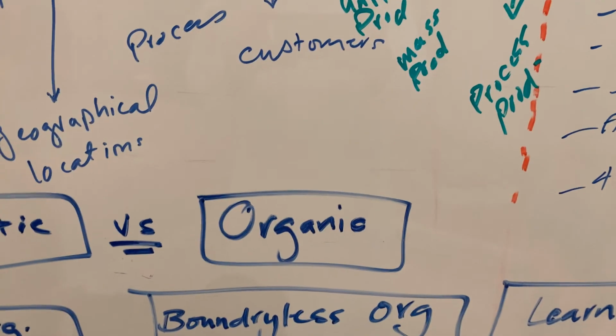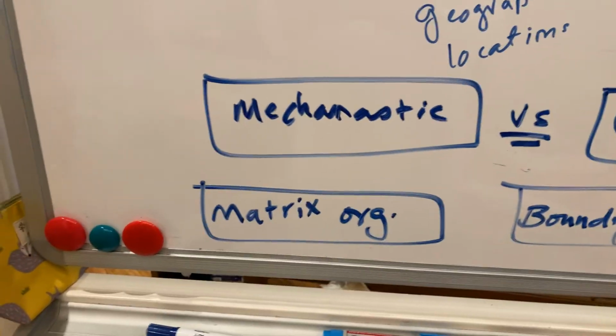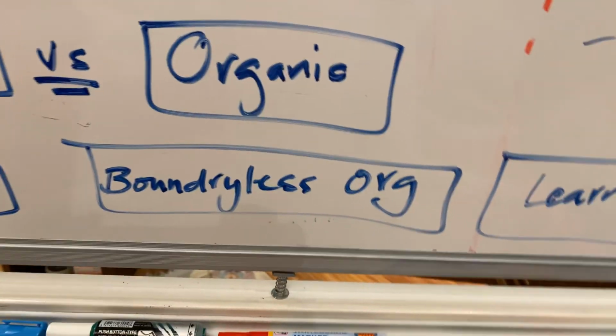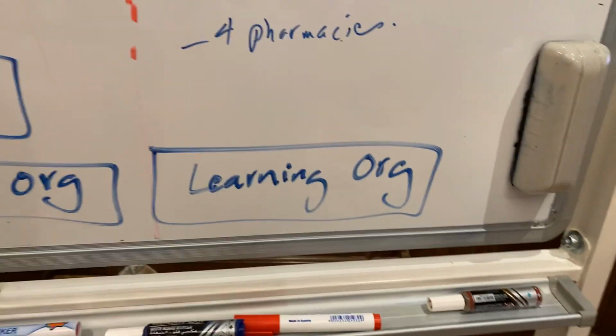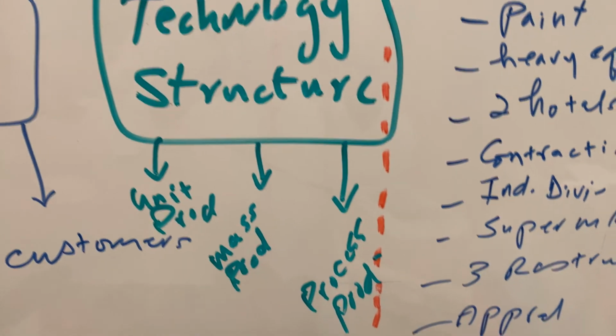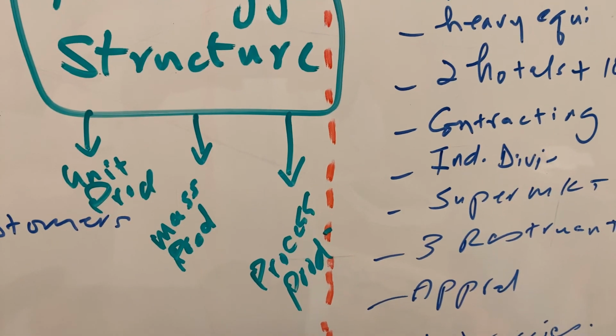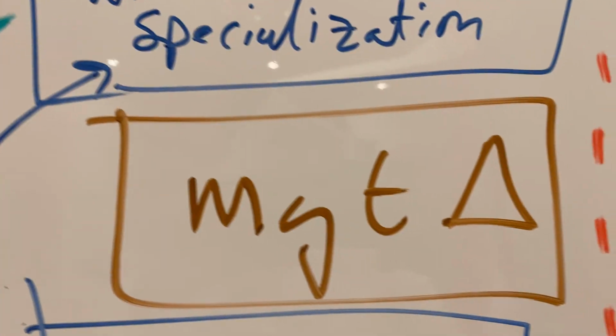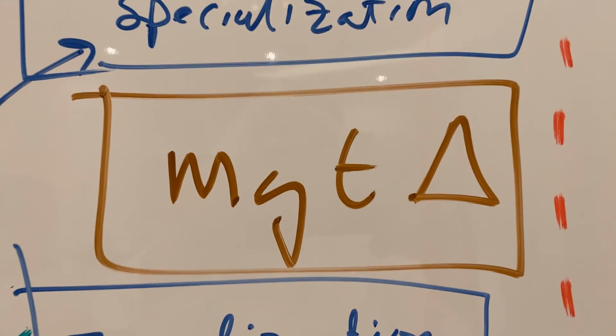And we discussed mechanistic versus organic structure, and we talked about the matrix organization, boundaryless organization, and the concept of learning organization. And we talked about technology structure, which is unit production, mass production, and process production. And we talked about management of delta or management of change.